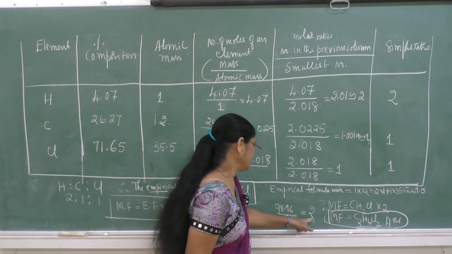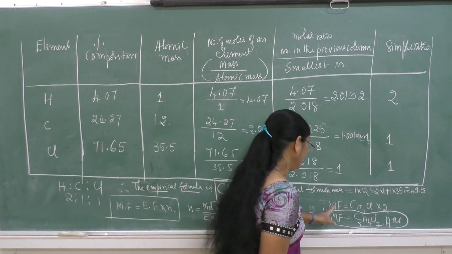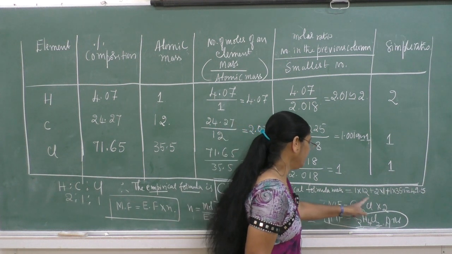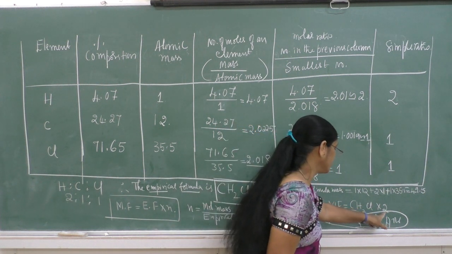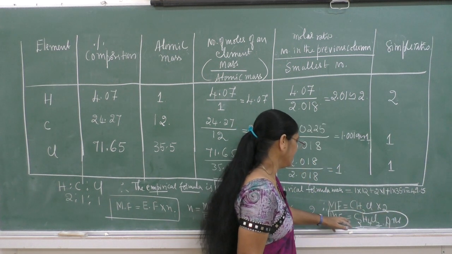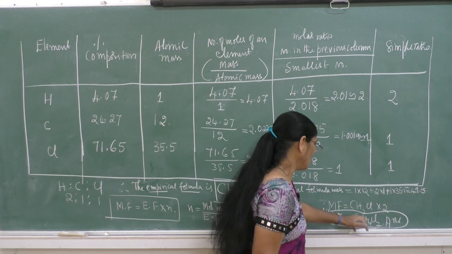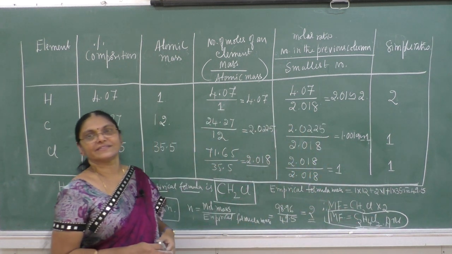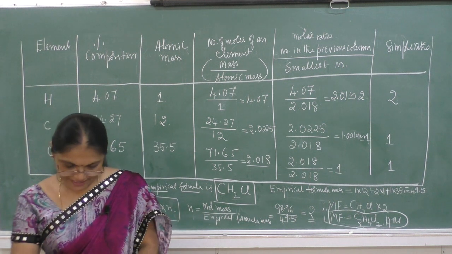Then this is equal to 2. So, the molecular formula is equal to the empirical formula into 2. This is the value of n. Then finally, the molecular formula becomes C2H4Cl2. So, this is the answer. The next problem.